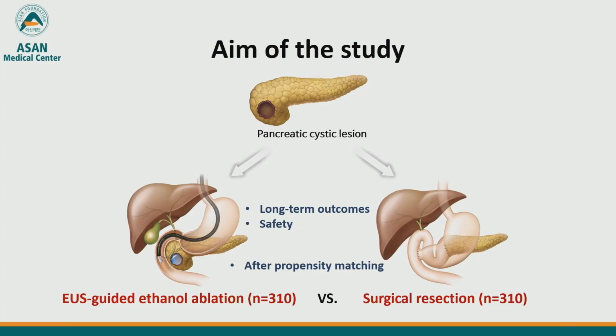This is US-guided cyst ablation data, not RFA data, but we can see what is the long-term effect of pancreatic resection. We compared 310 patients of US-guided ethanol ablation group and 310 patients of surgical resection group. Both are propensity score matched, so similar group.